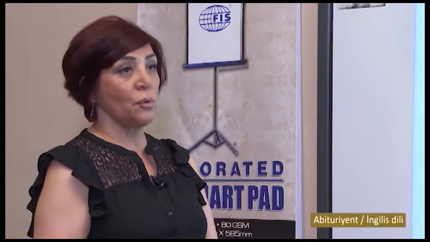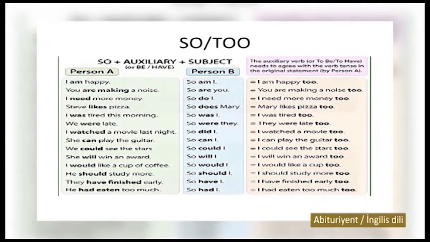Here you see "so" and "neither." Their meanings are the same, but the word structure is different. Now let us see. We take first "so," then after "so" we use auxiliary plus subject. The subject depends on the context, and the auxiliary depends on the verb and tense, of course.